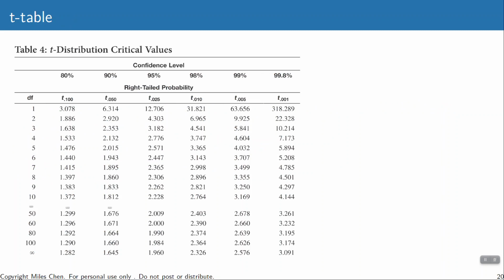Here we have reference tables with the t distribution, and this is what it looks like, okay? Across the top you have the confidence level, and we can see 95%, and on the left hand side it says degrees of freedom, and when you reach infinity degrees of freedom, for 95% confidence we use the number 1.96, okay?